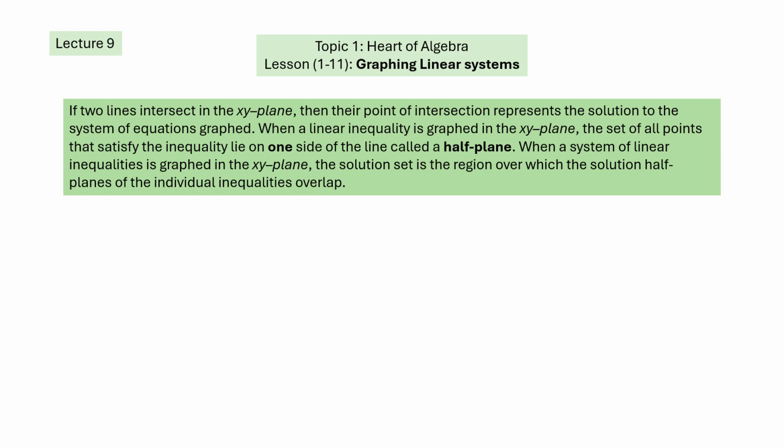A half plane means the solution set, or the region which represents the solution. This means every point in this region satisfies the inequality. When a system of linear inequalities is graphed in the xy plane, the solution set is the region over which the half planes of the individual inequalities overlap.